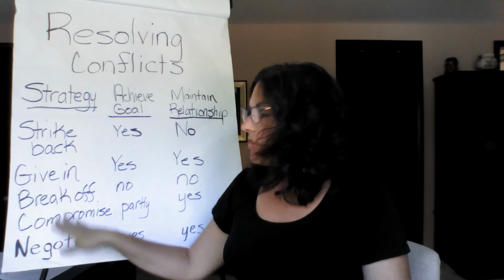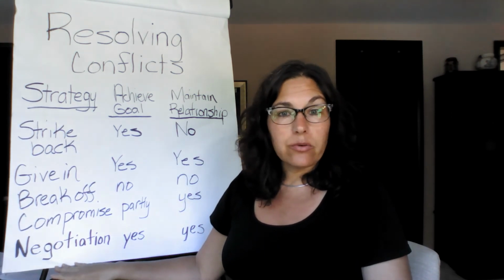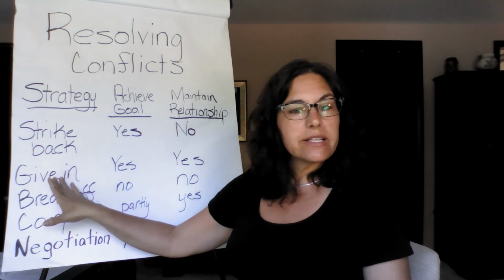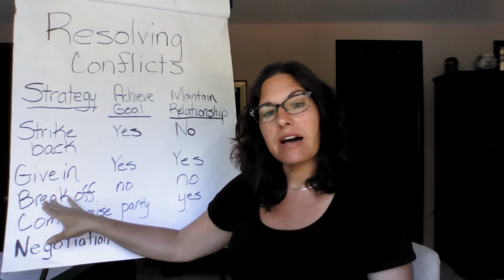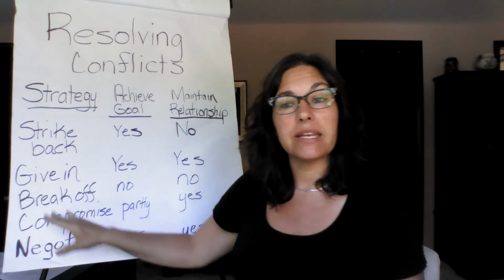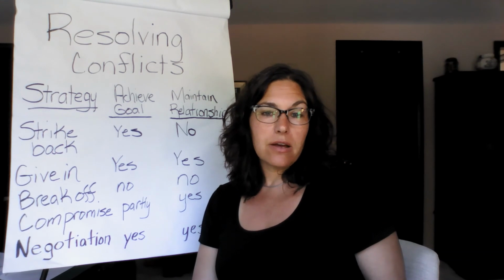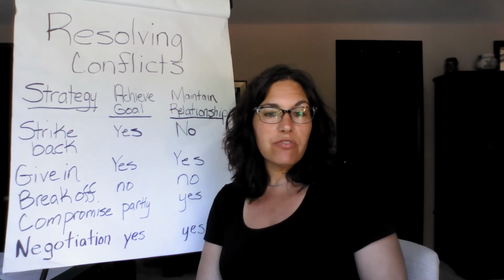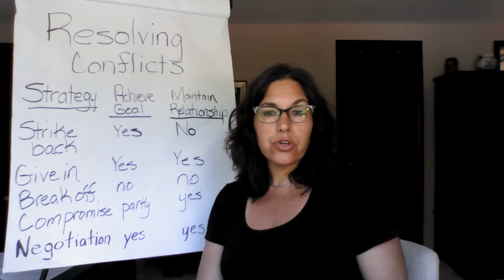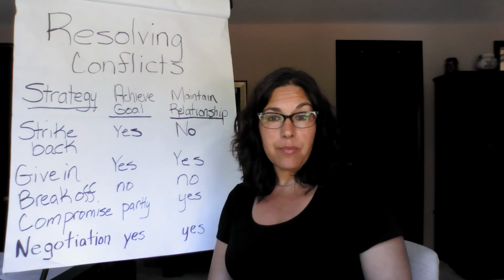Now that we've talked about 5 ways that you can approach resolving conflict, and we've talked about how the first 3 ways are not effective strategies, I want you to think back about the conflict that you wrote down at the beginning of the lesson. If you look back at that conflict that you wrote down, were you able to resolve it using compromise or negotiation? If you were, terrific, keep it up.